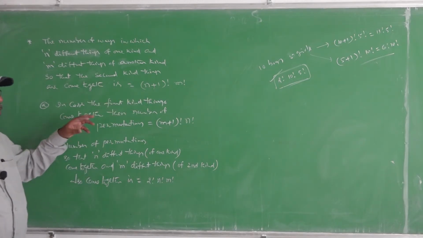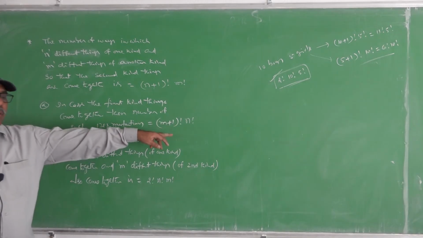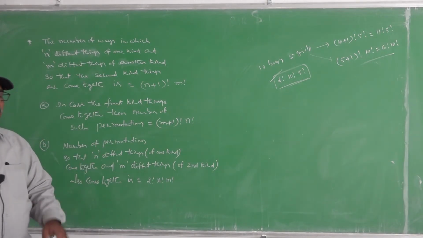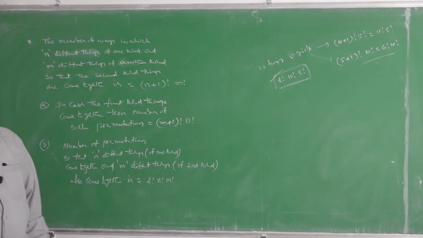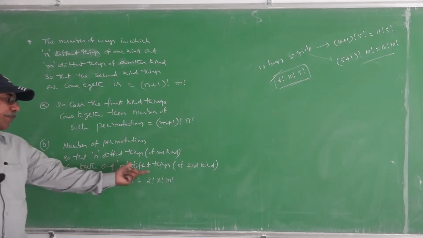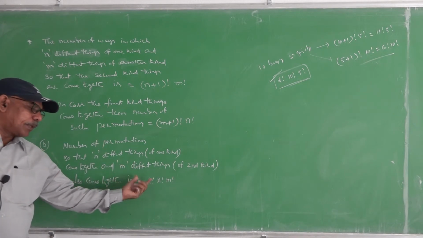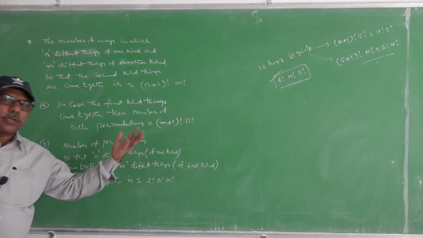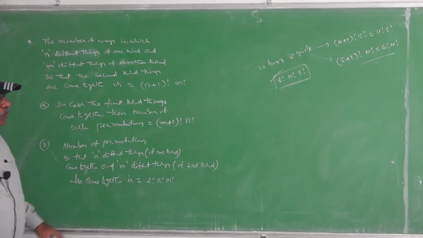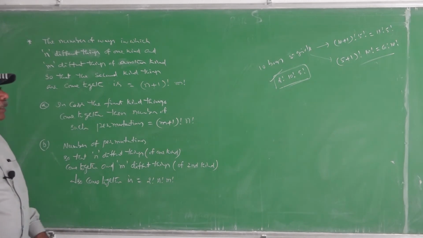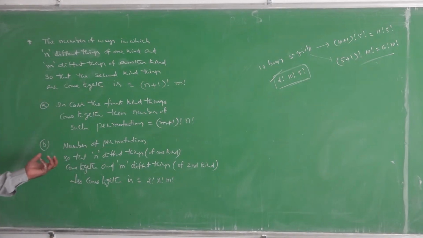The first kind only come together is m plus 1 factorial into n factorial. Both the kinds come together in the arrangement is 2 factorial into n factorial into m factorial. So these are the points related to restricted permutations.